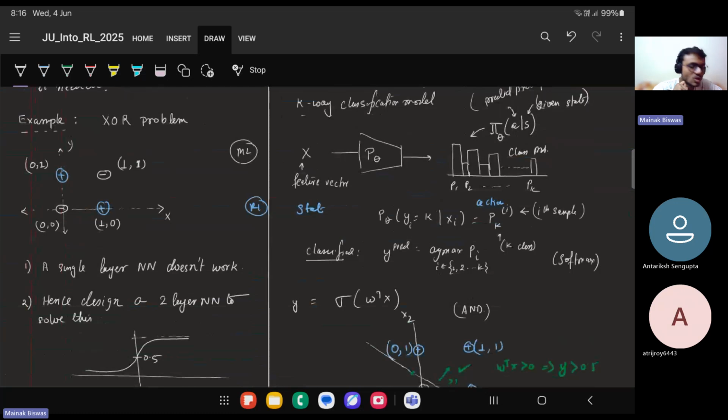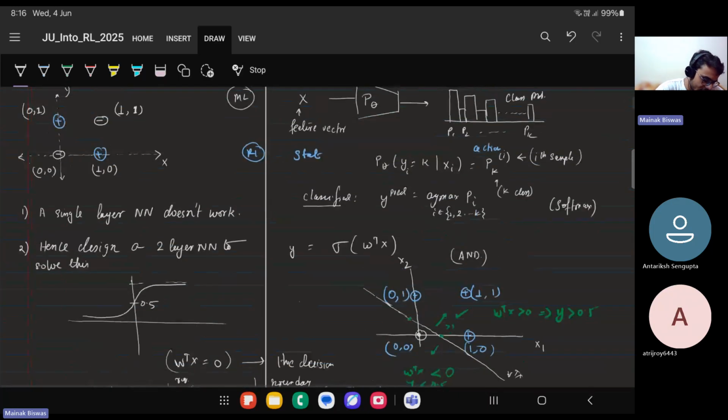So if that is clear, let us try and understand the case of an XOR problem, the very popular XOR problem, to show you that a single layer, or a single perceptron, is not enough. Graphically, it looks like this: you have x1, w1, w2, x2, and you output y.